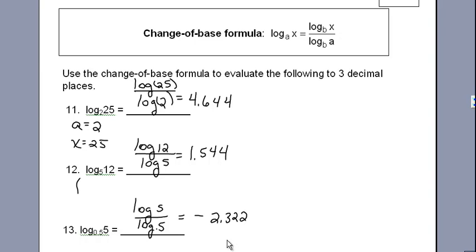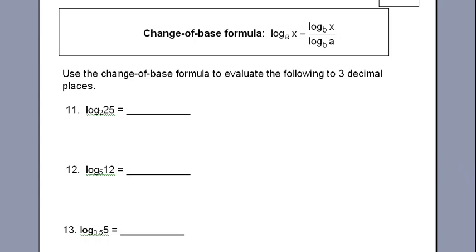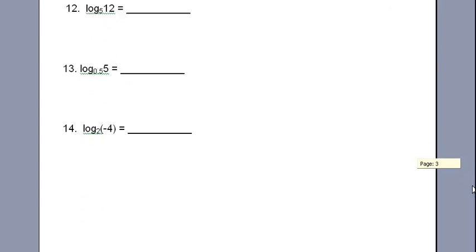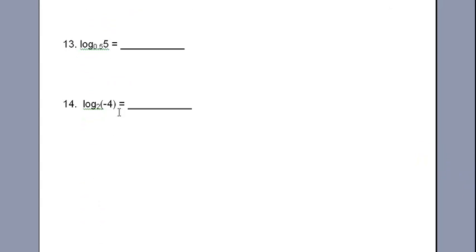Now I can have a negative answer here, but when I pull up this other example, I want you to notice something. This one more example is all we've got. When I pull up this very last example, you have log base 2 of negative 4. Now if you punch that in your calculator, you would have log of negative 4 over log of 2. And you would get an error message or something that said maybe no real solution.